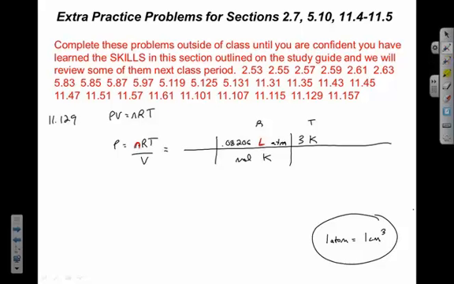So if I have 1 atom and I have 1 centimeter cubed, I have an amount of gas and a volume for that amount of gas. I just need to convert the amount of gas into the right units, and I need to convert the volume into the right units. So how do I convert atoms into moles?